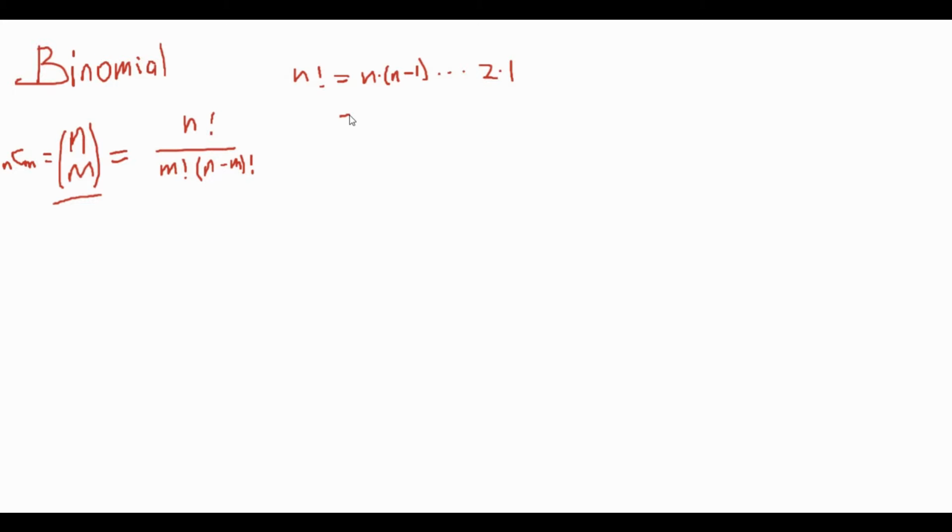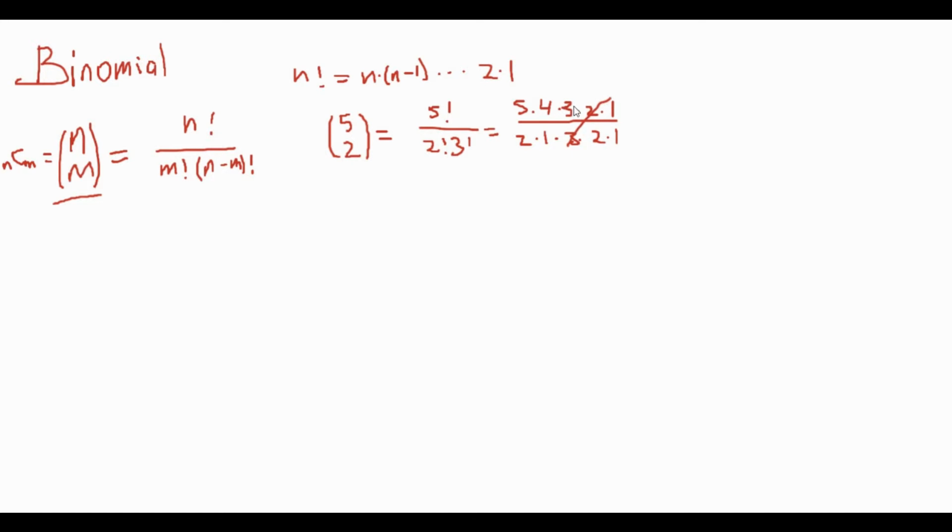So let's first look at an example. 5 choose 2. Plugging it into the formula, this is just equal to 5 factorial over 2 factorial times, well, 5 minus 2 is 3, so 3 factorial, which is equal to 5 times 4 times 3 times 2 times 1 over 2 times 1 times 3 times 2 times 1.